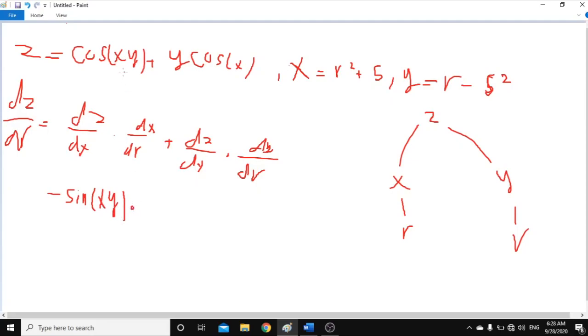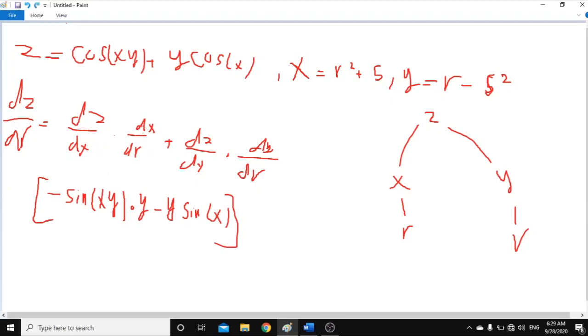The derivative of the inside with respect to x is y, then times y, plus the derivative of the cosine here is also negative sine, so it's going to be minus negative sine x, and the derivative of the inside is 1, so we have nothing to write. This is the first value for dz over dx.